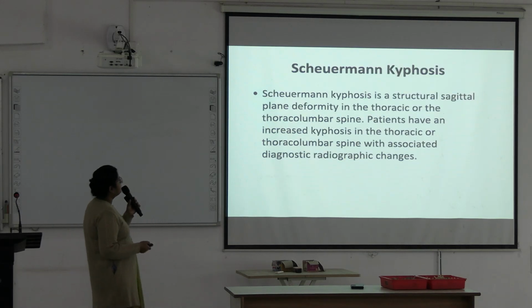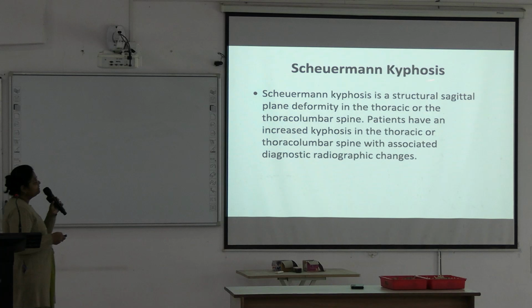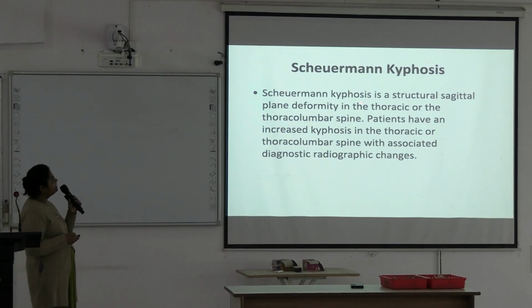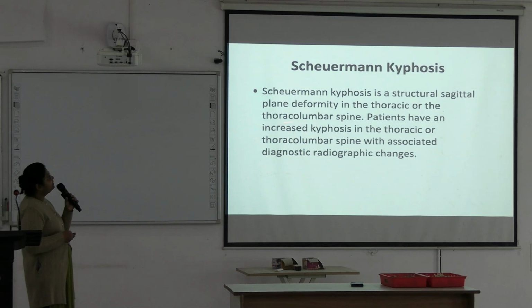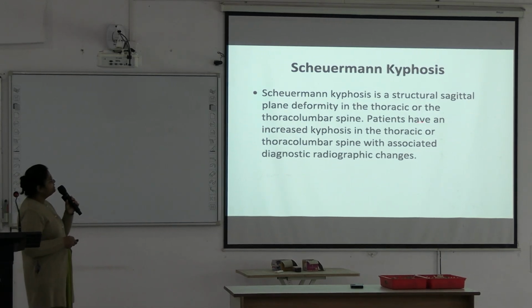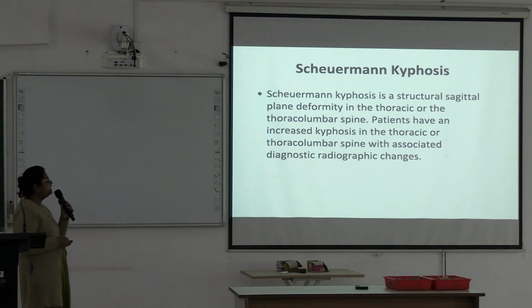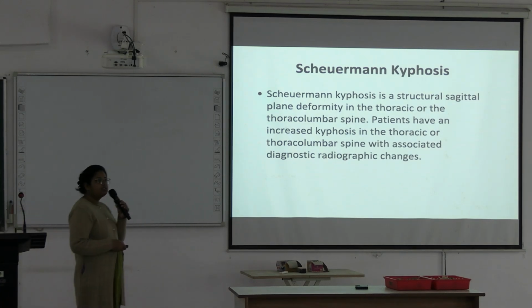Next, Scheuermann kyphosis. It is a structural sagittal plane deformity in the thoracic or the thoracolumbar spine, and patients have an increased kyphosis with associated diagnostic radiographic changes.